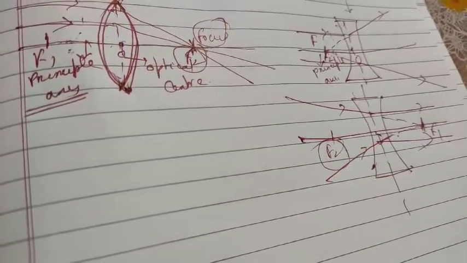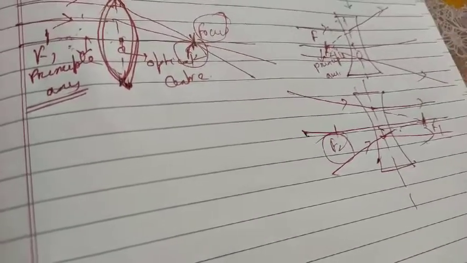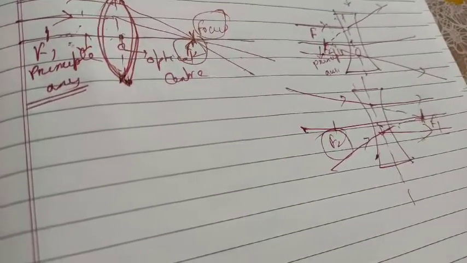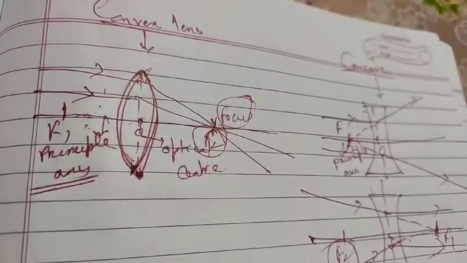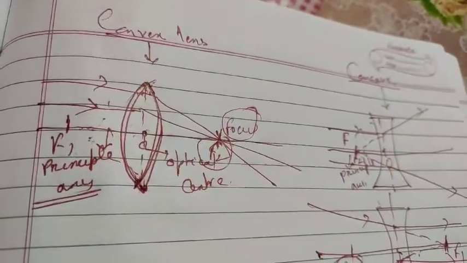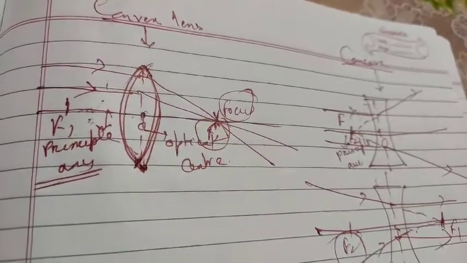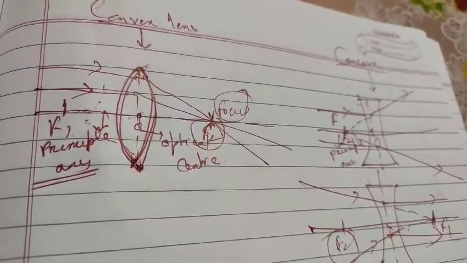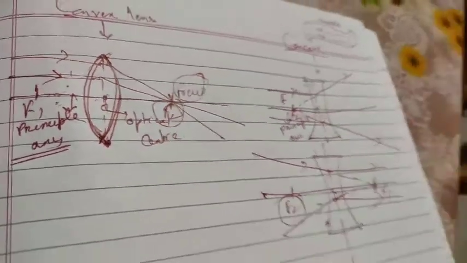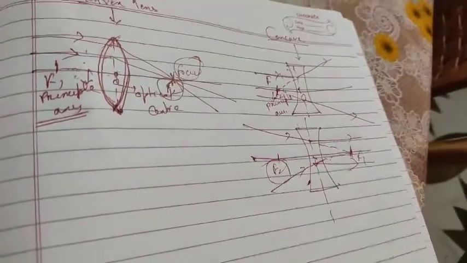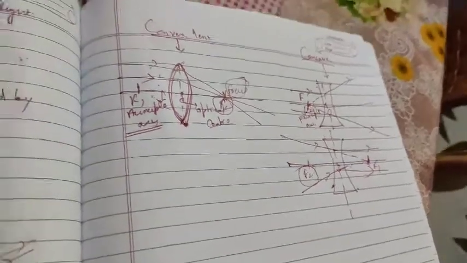It is thin in the middle and thick at the outer edge. And second, already I have told you, convex lens always shows the property of converging the light and concave shows diverging. Third is that convex lens has real focus and concave lens has virtual focus, which you have to remember.